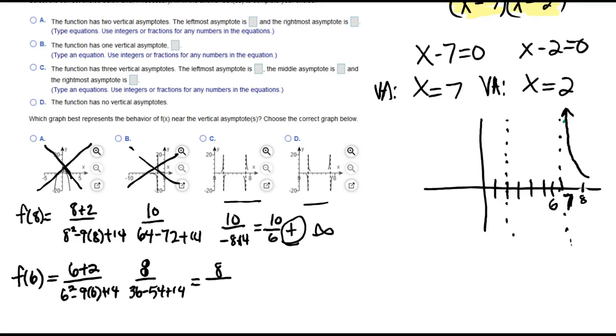That's 8 over negative 18 plus 14, which is 8 over negative 4. This comes out to be negative. Because it comes out to be negative, I know this part of the graph will be going down to negative infinity.